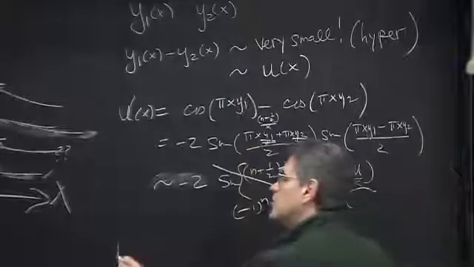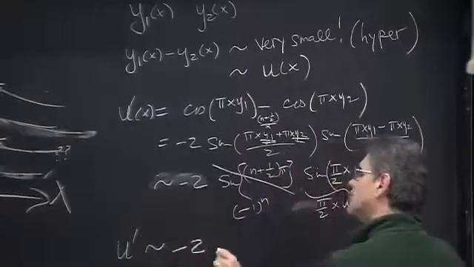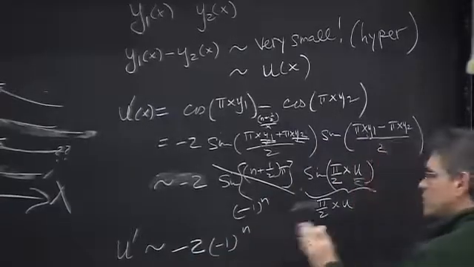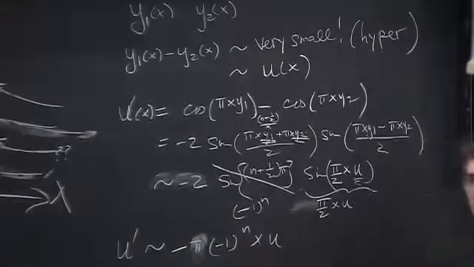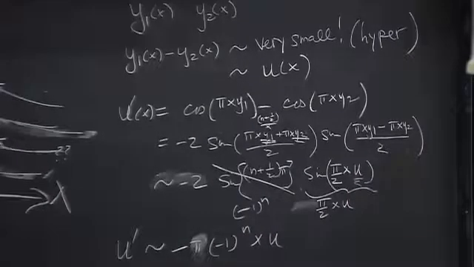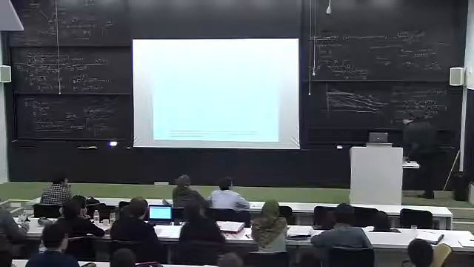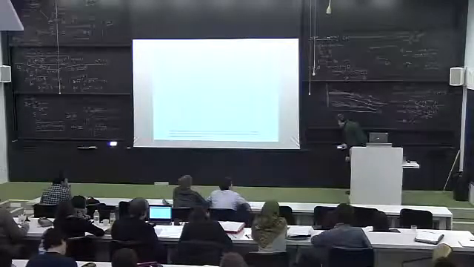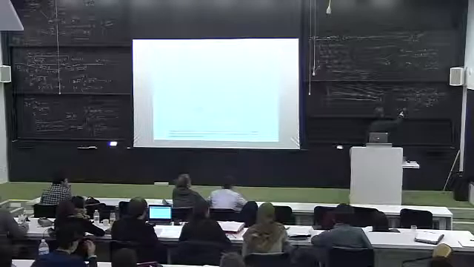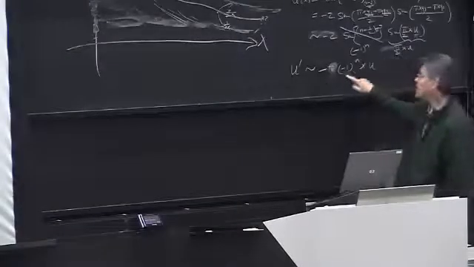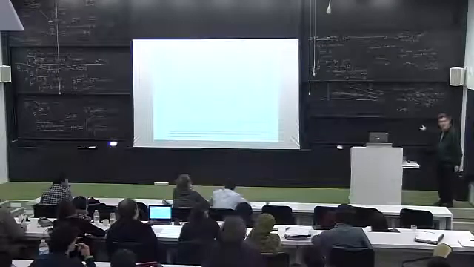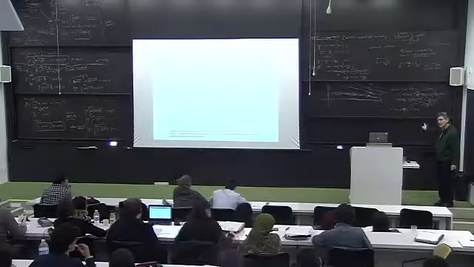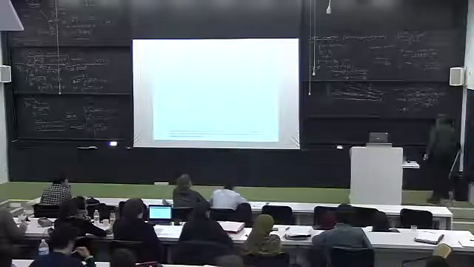And therefore, we conclude that u prime is asymptotic to minus 2 times minus 1 to the n, or 2 cancels, and we just have pi times x times u. I could solve that equation. That's really easy. That's just a first order differential equation. And you notice, very interestingly, that this is a linear equation, so it contains an arbitrary constant. That's where the arbitrary constant is. It was hidden in the hyperasymptotic contribution to this asymptotic series.